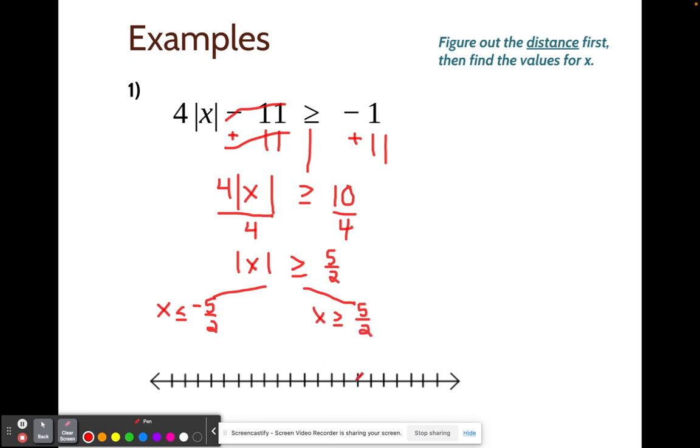Now I could make a number line and put it somewhere in between, but I'm just going to put a dot right here. It's going to be closed because it is "or equal to." I'm going to put my 5/2 right here. And my numbers that are greater than that will go this direction.